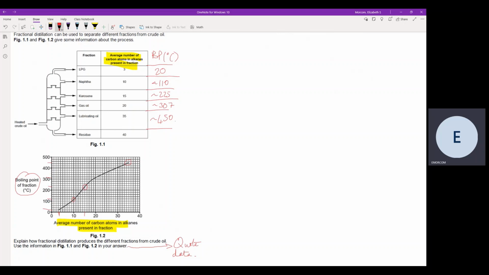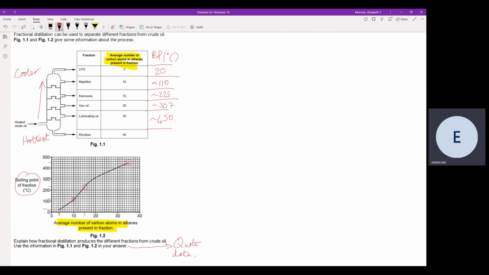Okay, so let's talk about how fractional distillation works. We know that we heat our crude oil and we pump it into the fractionating tower, and it's hottest at the bottom and it gets cooler as you go up. And we know that the fractions with the lowest boiling points condense higher up because they have lower boiling points. So as you get further away from that heat source, they're going to start condensing when they get to their boiling point.